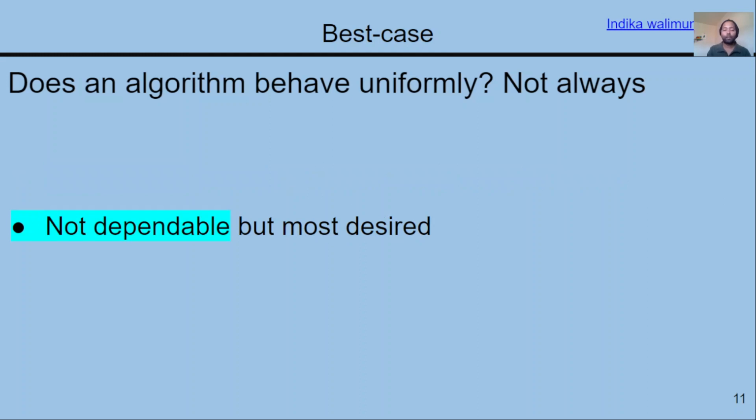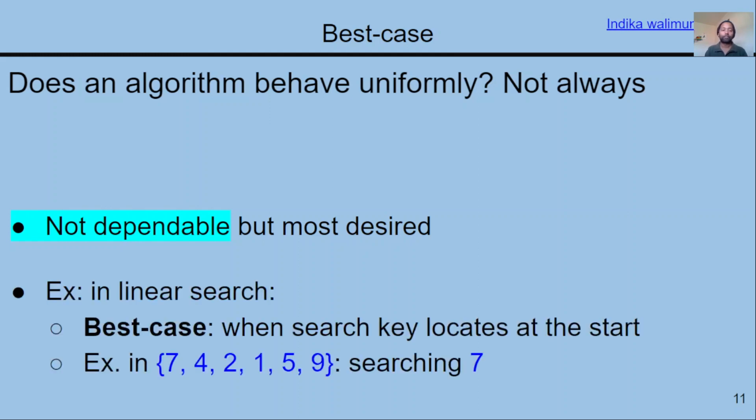But it's not dependable. We cannot rely on the best case because it's a corner case. But it is the most desired. Everyone tries to achieve the best case of the algorithm. So it's the most desired but not dependable.